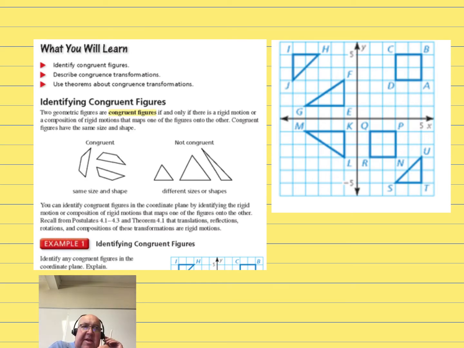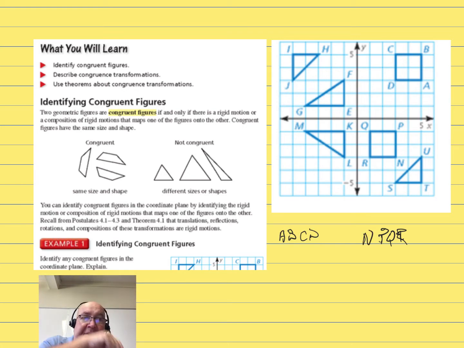Okay, we're going to put everything together and see if we can recognize what type of translations led to different figures. Looking at the figure on the right, we can see that the square ABCD is similar in shape to PQRS.